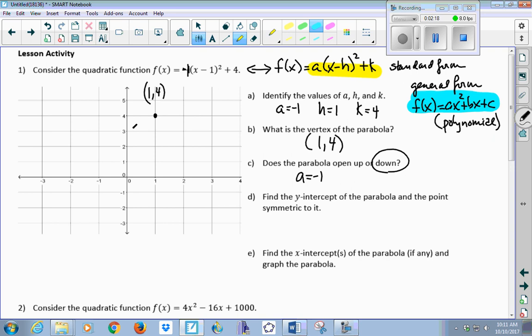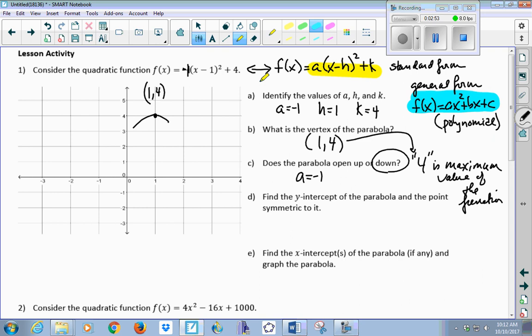So 4 then is the maximum value of this function. We'll never get a value bigger than 4 for any x we plug into this function. So 4 is the maximum.